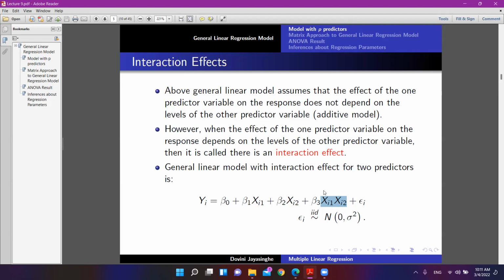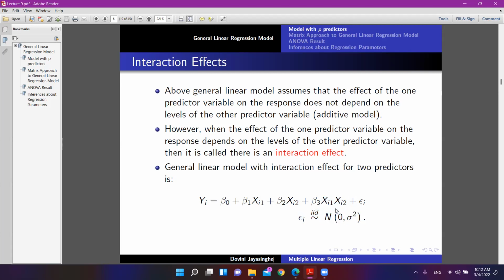We can incorporate a term like this to our usual model, and we can run an ANOVA and see whether this is really going to stay here or not. If not, we can just take this off. If yes, we have to keep it.